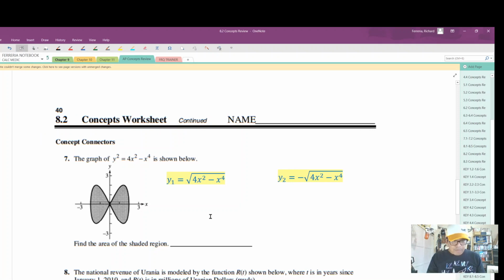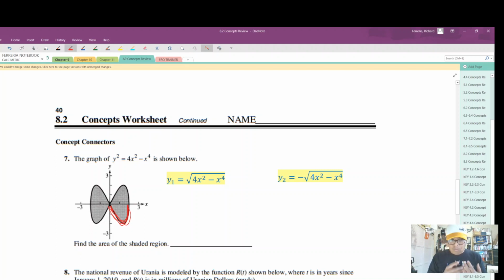Okay, like I mentioned before, we have a positive root and a negative root if we solve for y, which means that that upper function here, this is my y1, the positive square root of 4x squared minus x to the 4th. And then down over here on the bottom side, that's going to be my negative square root of 4x squared minus x to the 4th.